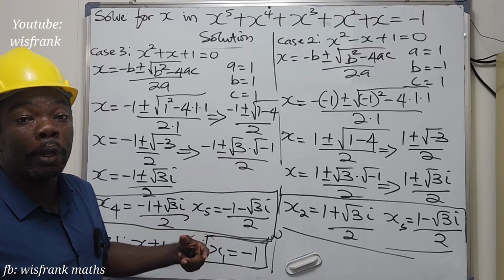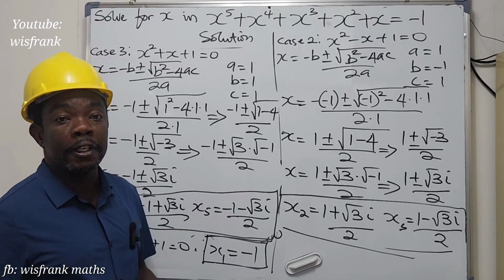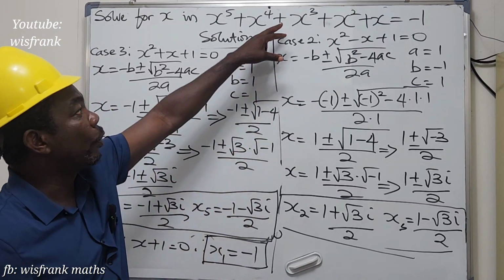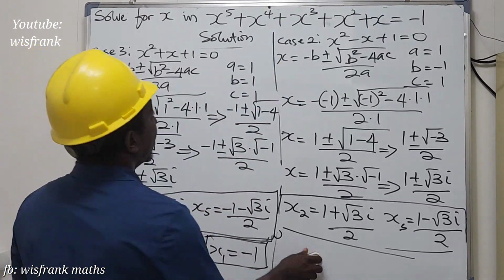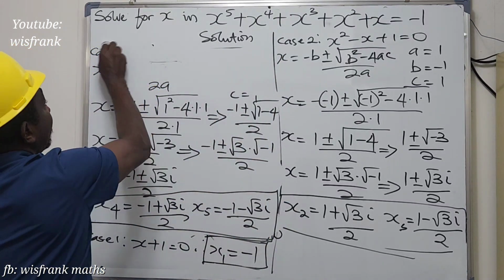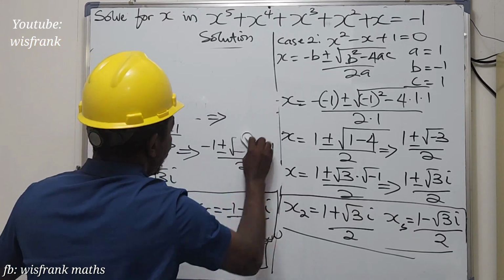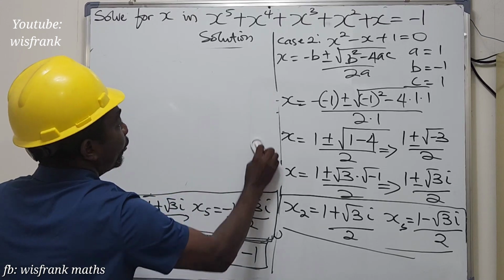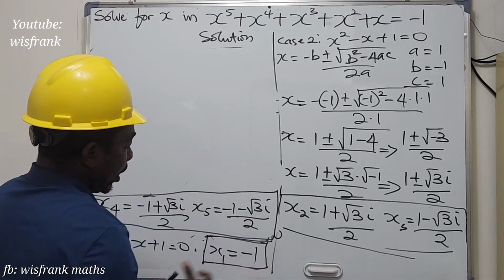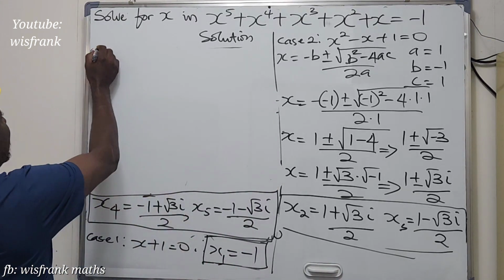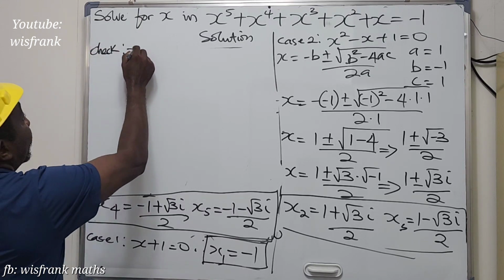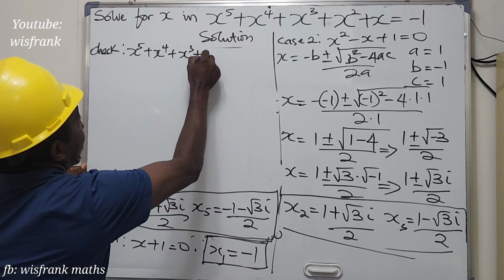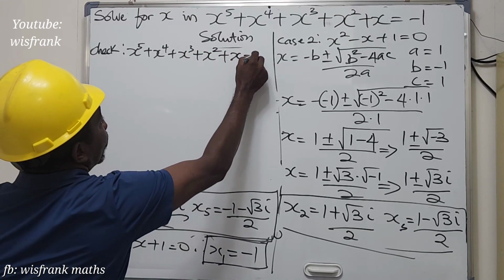And we have this. So we can do a very little check to see whether one or all of these solutions of x satisfy this equation. We need to clean this by substituting the value of x. We are going to use only one to see whether it is a solution. So here we first take x1. We have x to the power of 5 plus x to the power of 4 plus x to the power of 3 plus x to the power of 2 plus x equals minus 1.